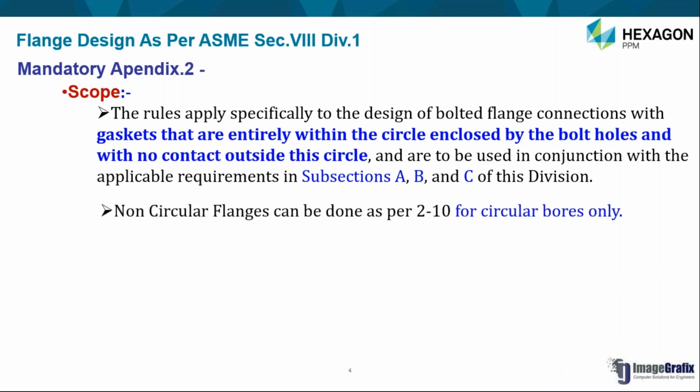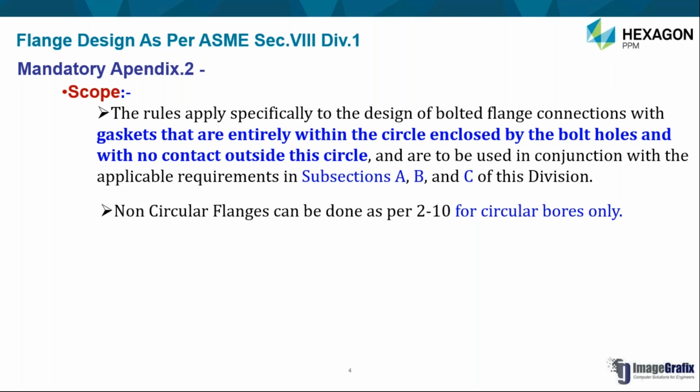Then we saw the last flange in the first slide, which was non-circular in nature, an oblong flange. Can we design an oblong flange? There is Subsection 2-10, which is dedicated to non-circular flanges.